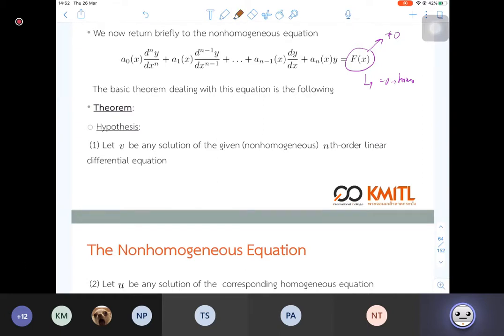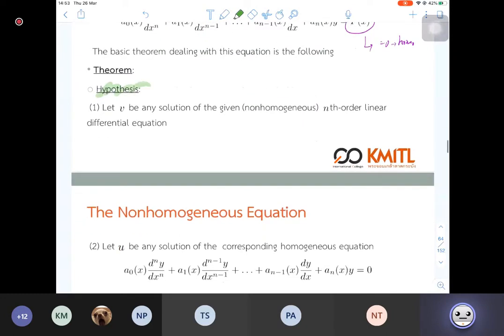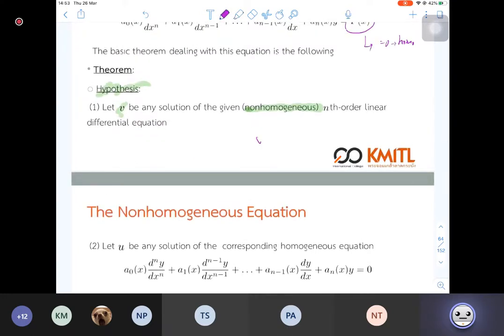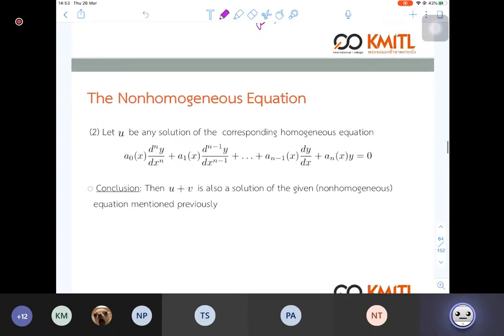The hypothesis says that we are given V, any solution of the non-homogeneous nth order linear differential equation. Secondly, let U be any solution of the corresponding homogeneous equation.